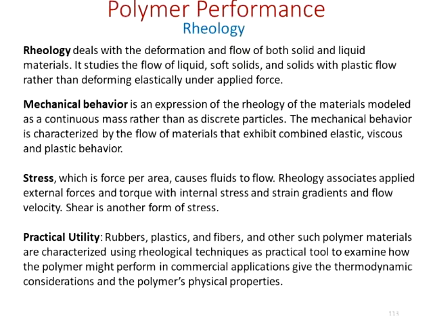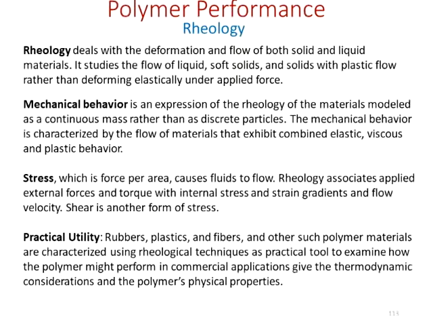Mechanical behavior is an expression of the rheology of the materials, modeled as a continuous mass rather than as a discrete particle. In other words, instead of looking at a discrete particle, it looks at the total mass. What happens to this mass of polymer, not a discrete particle of the polymer.